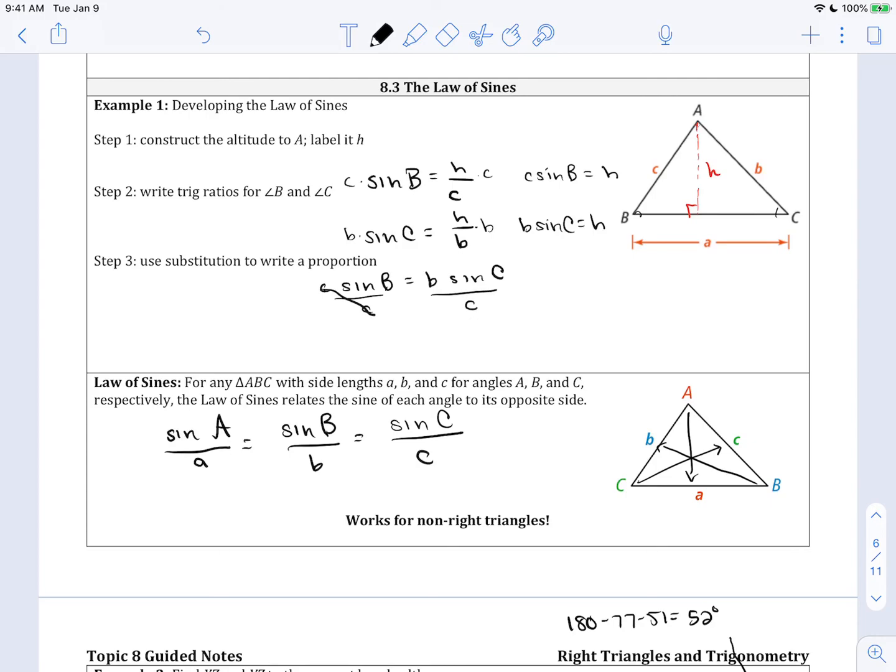That cancels this out, so I have sine B equals b sine C all over c, right? And then I'm going to divide by b on both sides, and that cancels that out. So I have sine B over b equals sine C over c, right? Great.